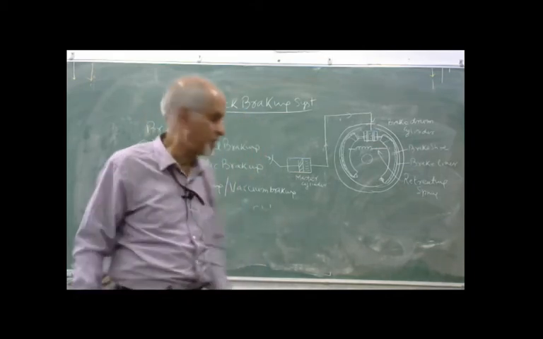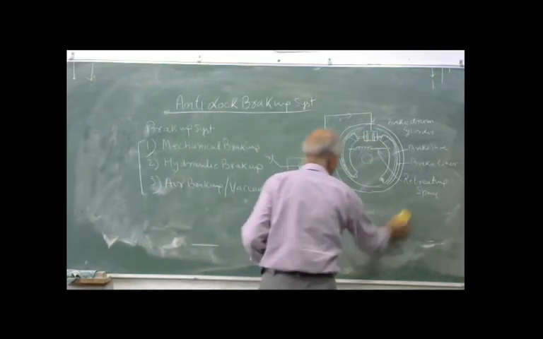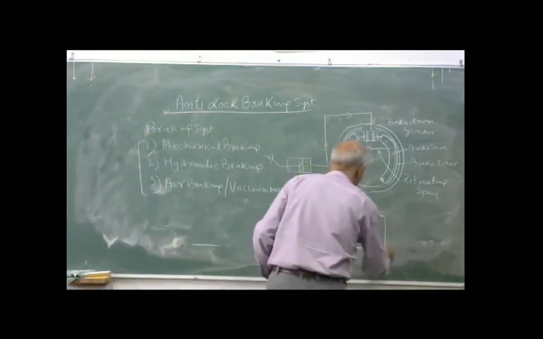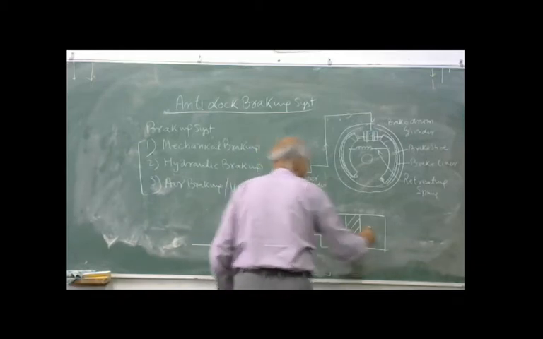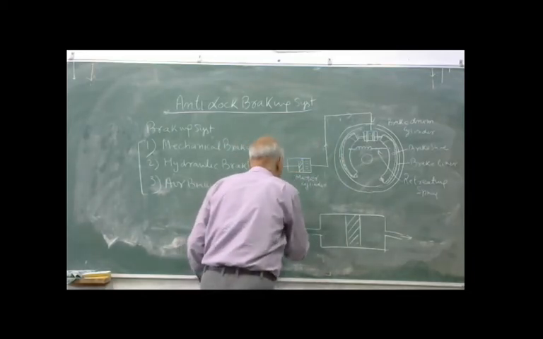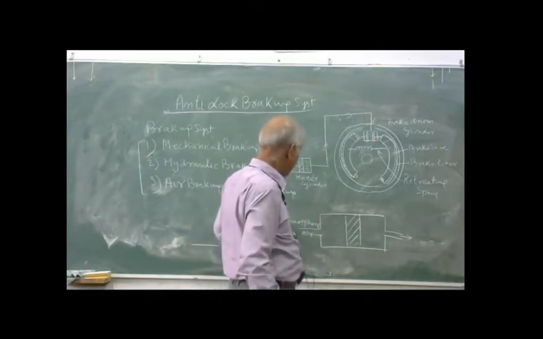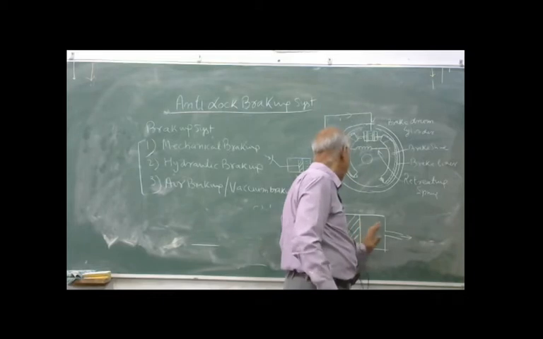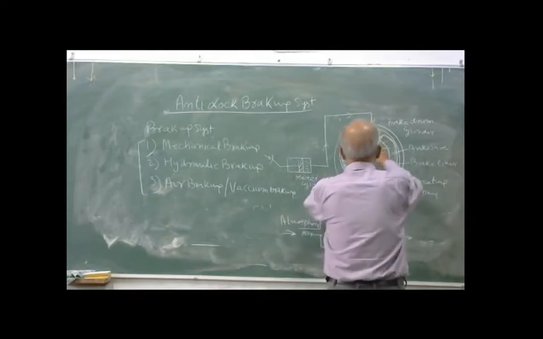In that system, the air pressure is generated, and there is a cylinder in which, when the air pressure is applied, the piston moves away, and this motion of the piston is taken into use for the braking system.